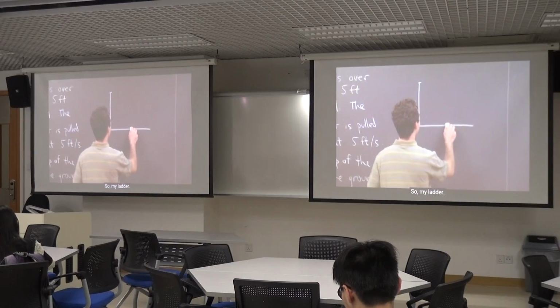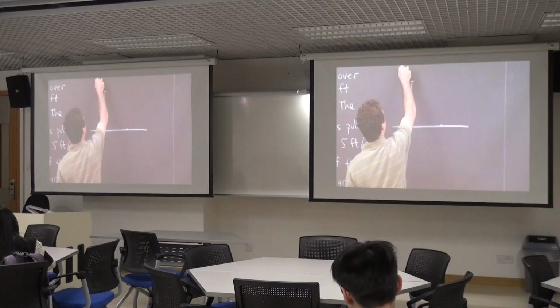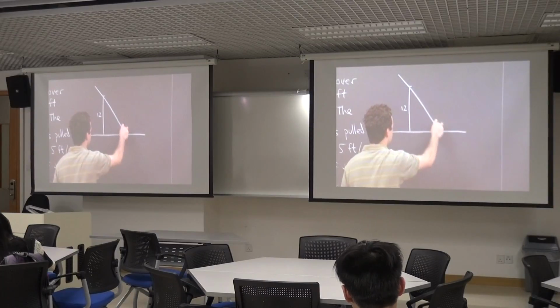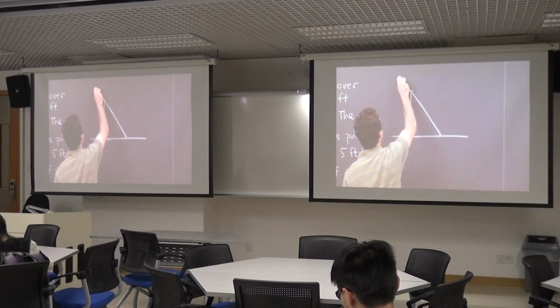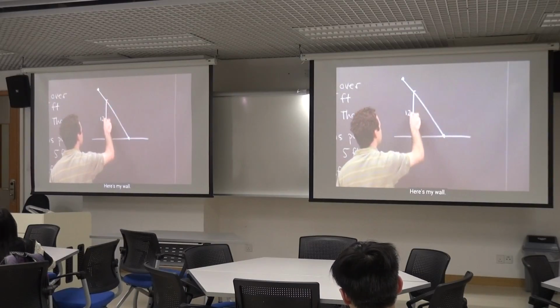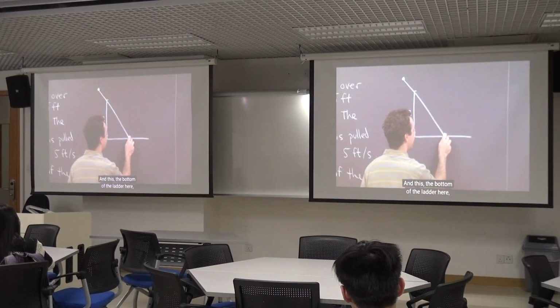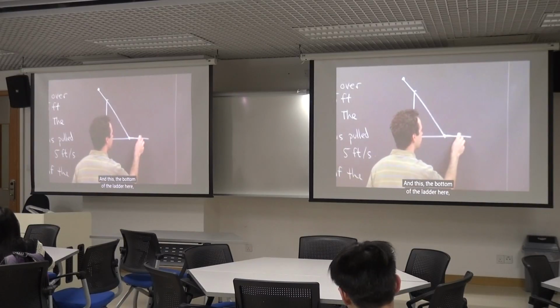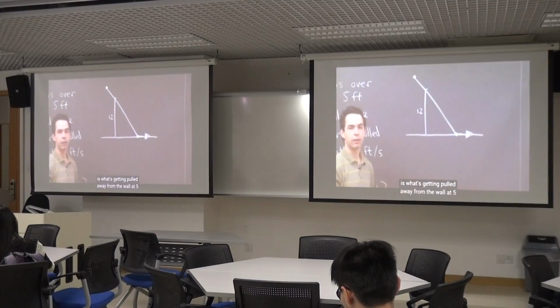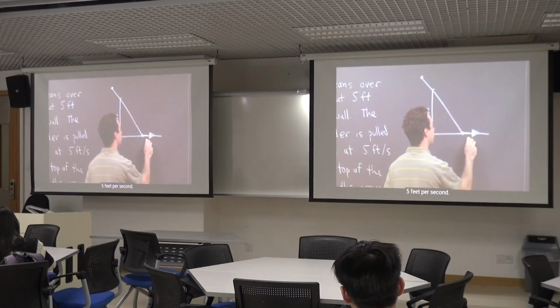So here's my ladder. Here's my wall. And the bottom of the ladder here is what's getting pulled away from the wall at 5 feet per second.